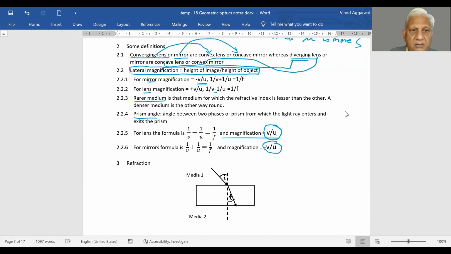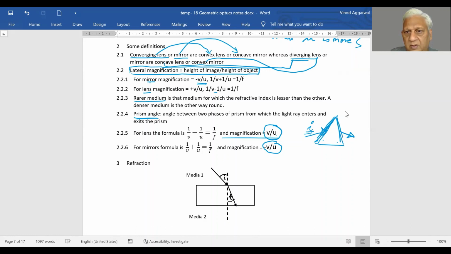What is a prism angle? We have seen prism. Prism angle can be this, but how do you define which is the prism angle? Prism angle is the angle between the faces of a prism, on one of which the ray is coming into the prism as incident ray, and another face is where it is emerging out.